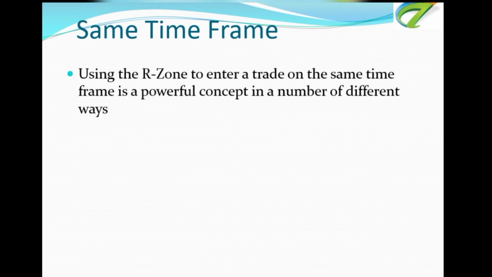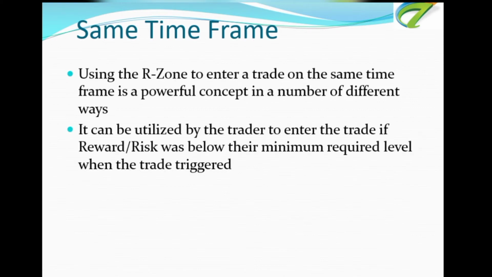Same time frame. Using the R zone to enter a trade on the same time frame is a powerful concept in a number of different ways. It can be utilized by the trader to enter the trade if the reward to risk ratio was below their minimum required level when the trade triggered.